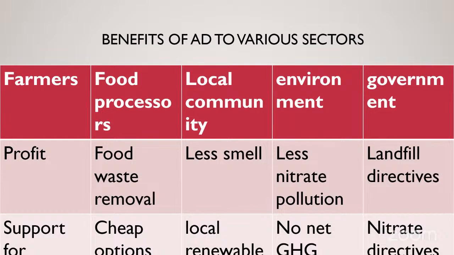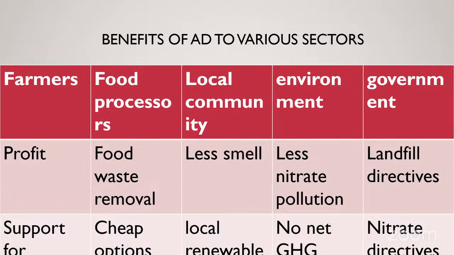And for food processors, we have a cheap option for waste management. This is a cheaper option when it comes to waste management. So the food processor is going just to give out the waste, and someone will take care of it, and they do not spend money processing this waste.